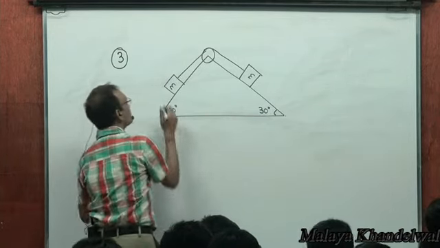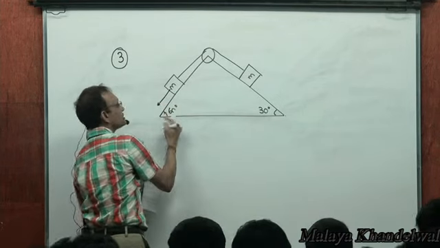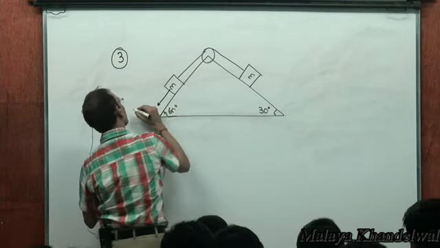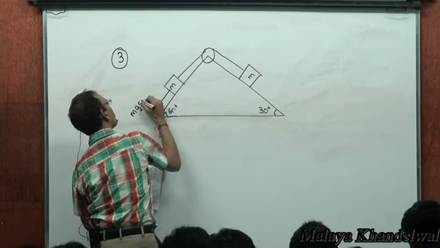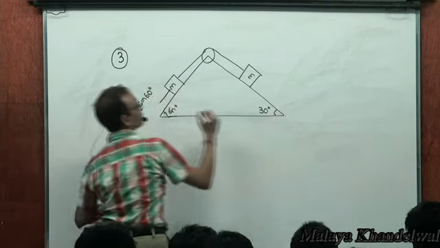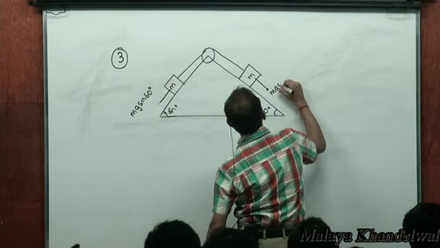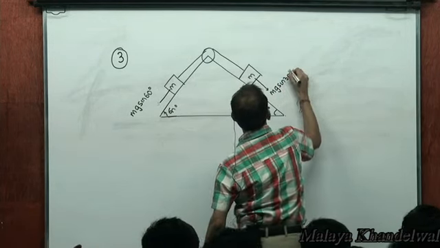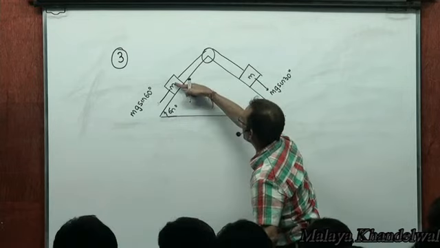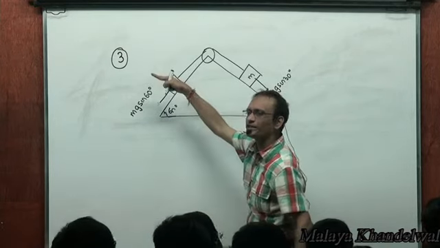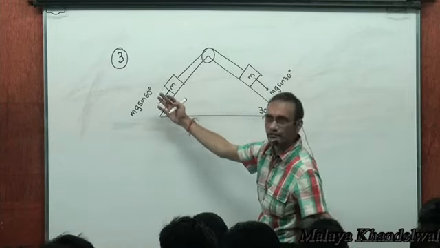Now, one thing, there is mg sine 60 degrees acting this way. There is mg sine 30 degrees acting this way. There is mg cos 30 degrees and mg cos 60 degrees also, which is balanced by the normal reaction, so I'm not representing that here, right?